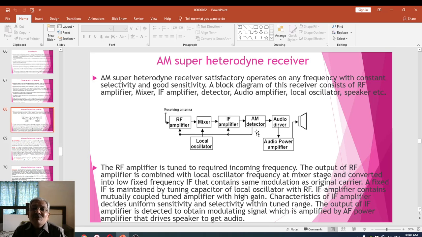As it is an AM superheterodyne receiver, an envelope detector is suitably used, which we have studied in topic number 2. It is the combination of a point contact diode, and a resistor and capacitor connected in parallel with each other, and this combination is connected to the diode.